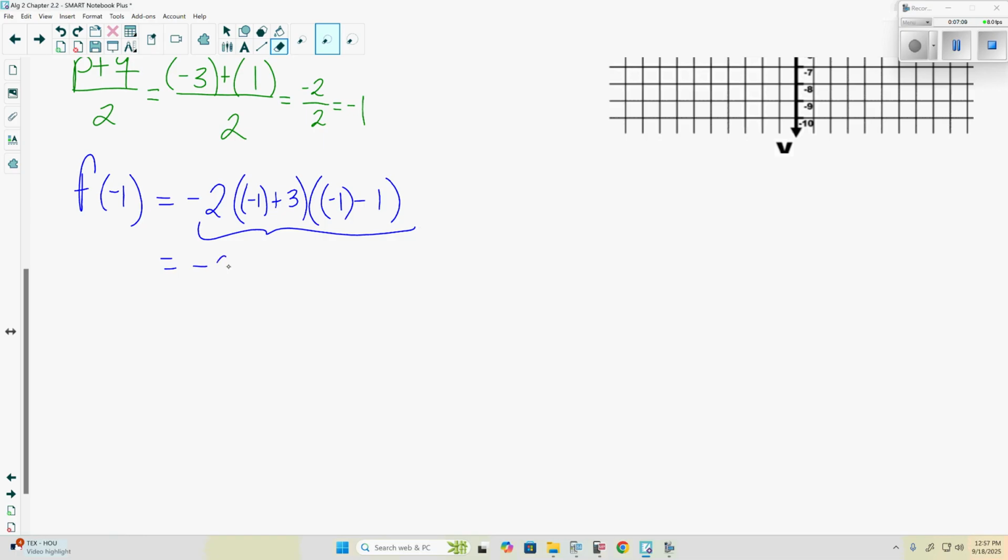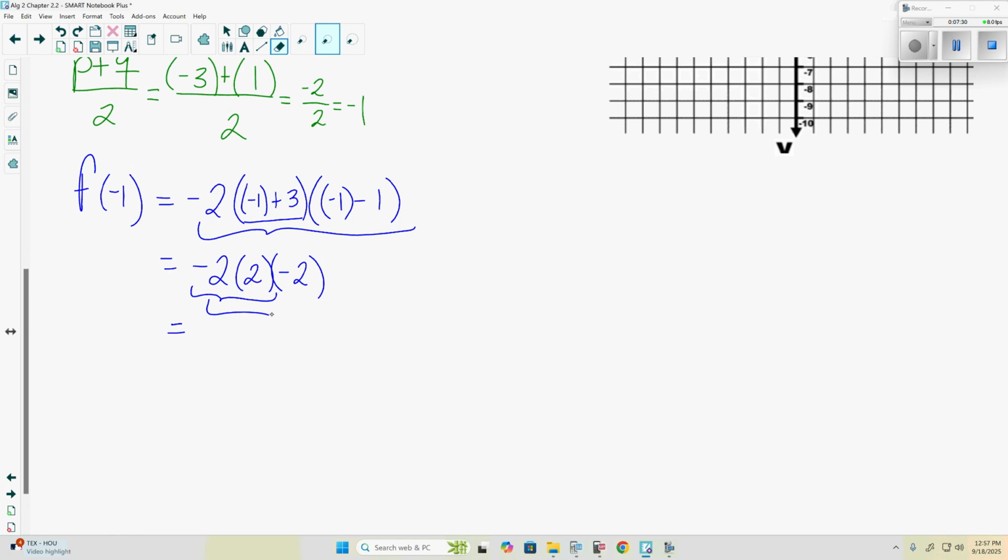If we do this by hand, negative 1 plus 3 is 2. Negative 1 minus 1 is negative 2. Now we just need to multiply. Negative 2 times 2 is negative 4.